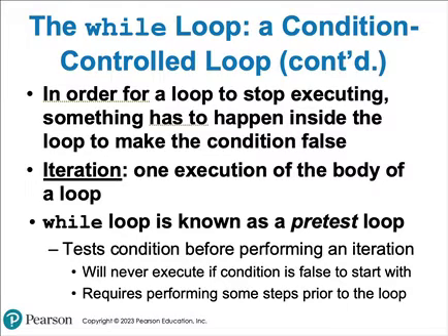Like I said, something inside the loop has to change at some point to make the condition false. One execution of that block of code is referred to as an iteration. And the other thing I said is the while loop is known as a pretest loop. That is, we check the condition prior to potentially executing the statements within the while loop.